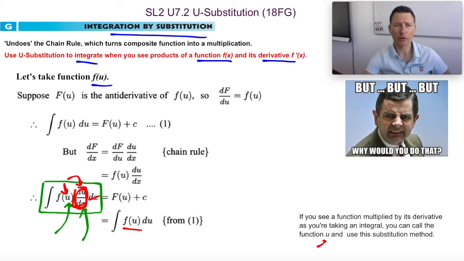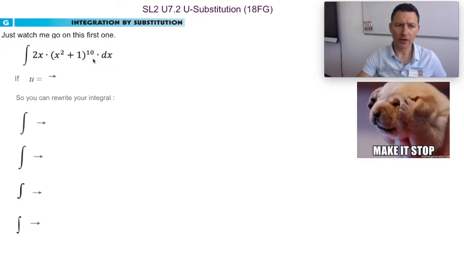Let me show you how that works. We're integrating this mess. I noticed that this, if you took the derivative, you'd get this, right? So this is what we're going to call u, and this is what we're going to call du dx. Okay, there's u.